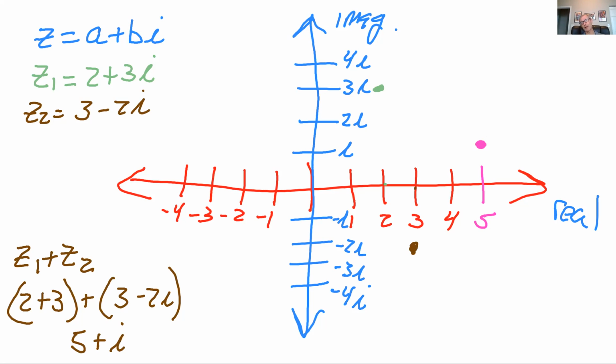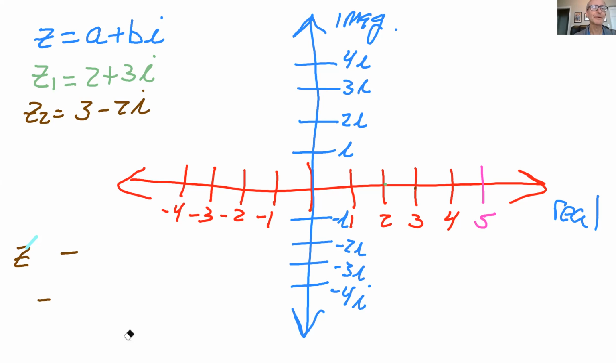When we talk about multiplication and especially division, it is easier to do in the polar form or the trig form. And you'll see that calculating roots or taking a complex number to a power is way easier to do in the trig form than it is in the rectangular form.